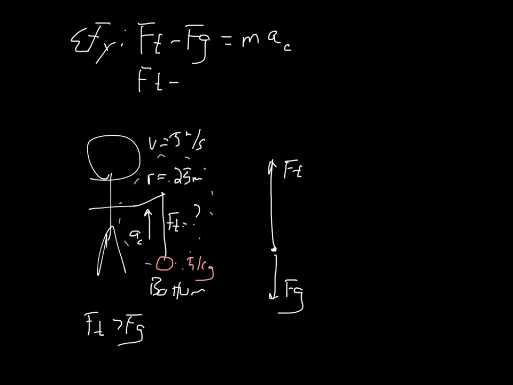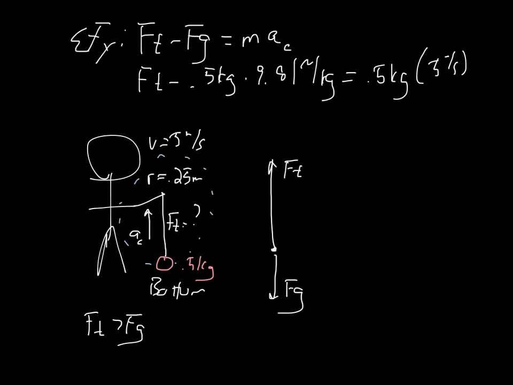So I can finish my equation: F_T minus 0.5 kilograms times 9.81 newtons per kilogram equals 0.5 kilograms times, putting v squared over r in for a_c, 5 meters per second squared divided by 0.25 meters. Then you would solve for F_T and make sure that your F_T comes out bigger than the force of gravity.